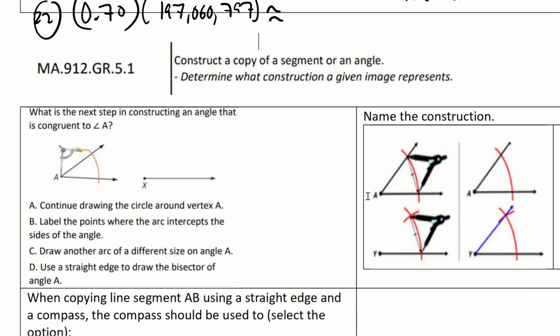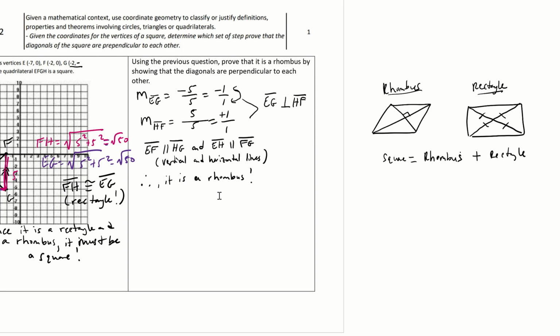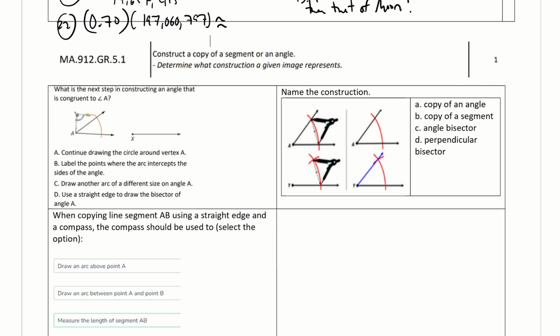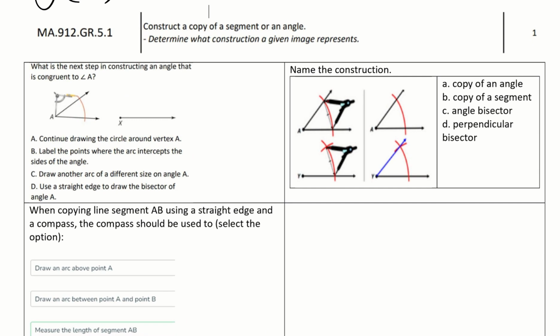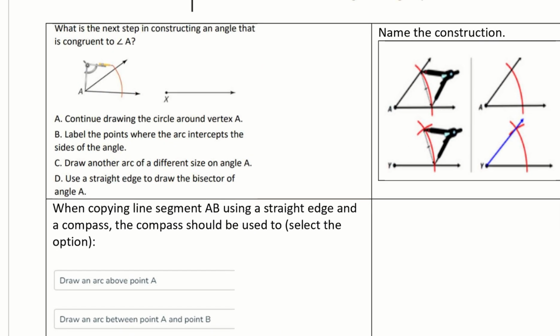So the next one is 5.1. Okay, let me go back here. Here we just want to identify the construction, determine what construction it represents. This one's asking what's the next step in the construction. So I'm going to show you the steps. The first thing you want to do is draw the ray, which we have here.